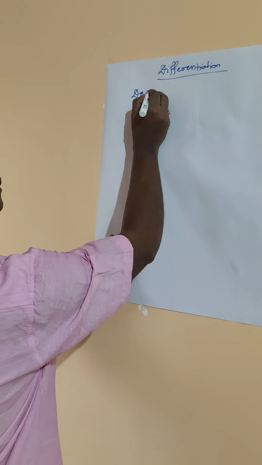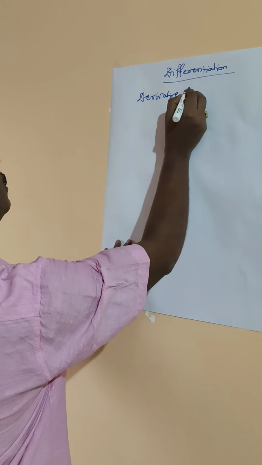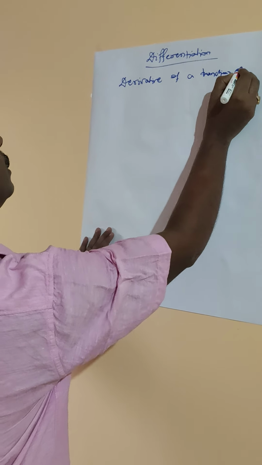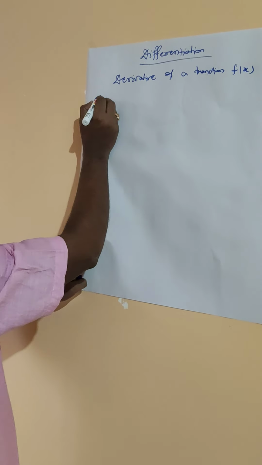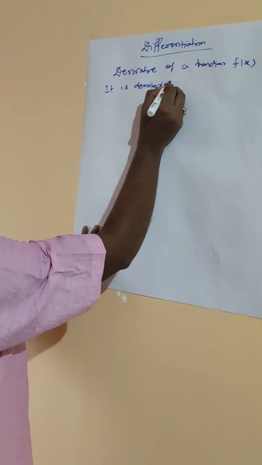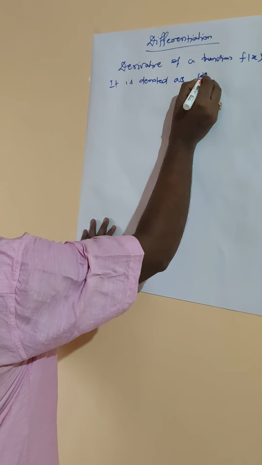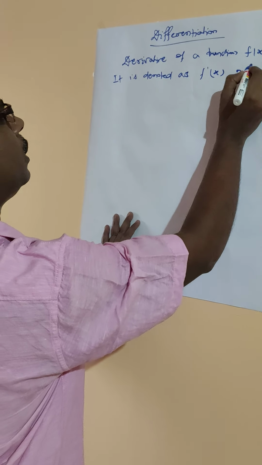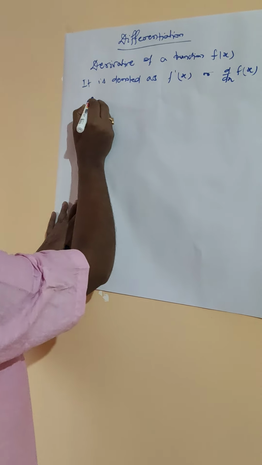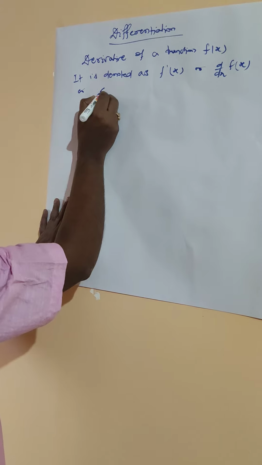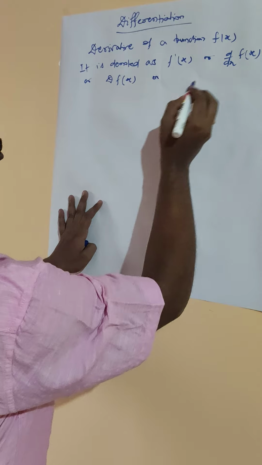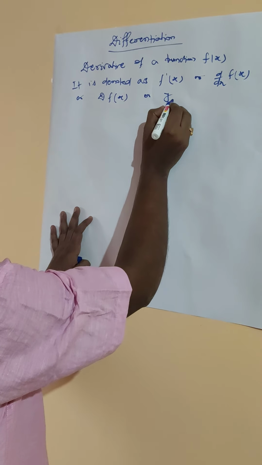Derivative of a function f of x is denoted as f dash x, or d by dx of f of x, or capital D f x, or sometimes if we write y for f x then y1.